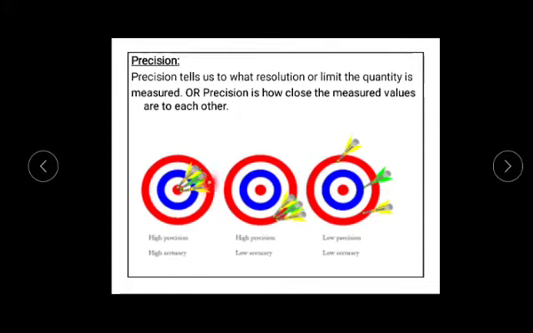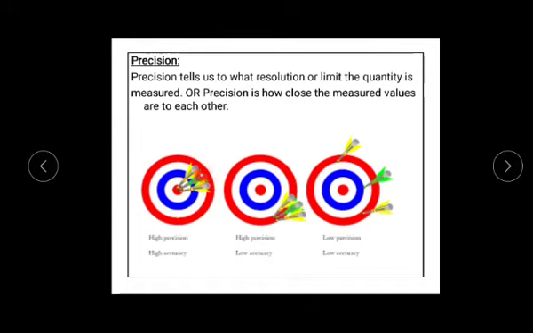So if these are very close to one another, what is our conclusion? Precision is high. Because what is precision? How close the measured values are to each other. So arrows are very close to each other, definitely precision is high. What about accuracy now? To find the accuracy, these measured values are exactly on the red color. So red color is the actual value.